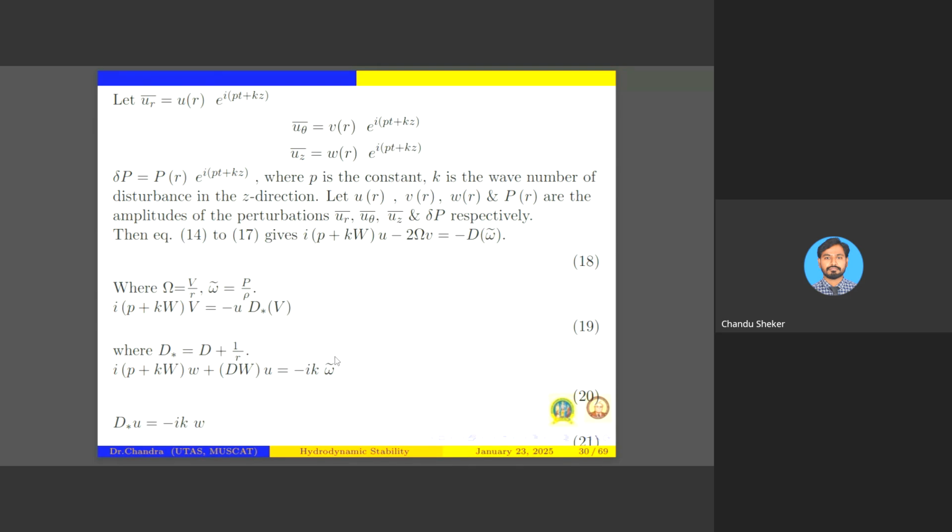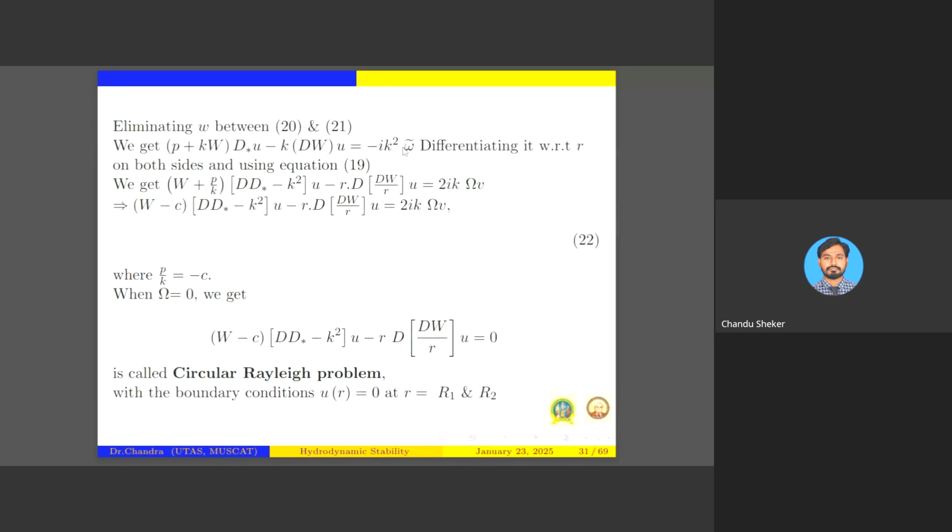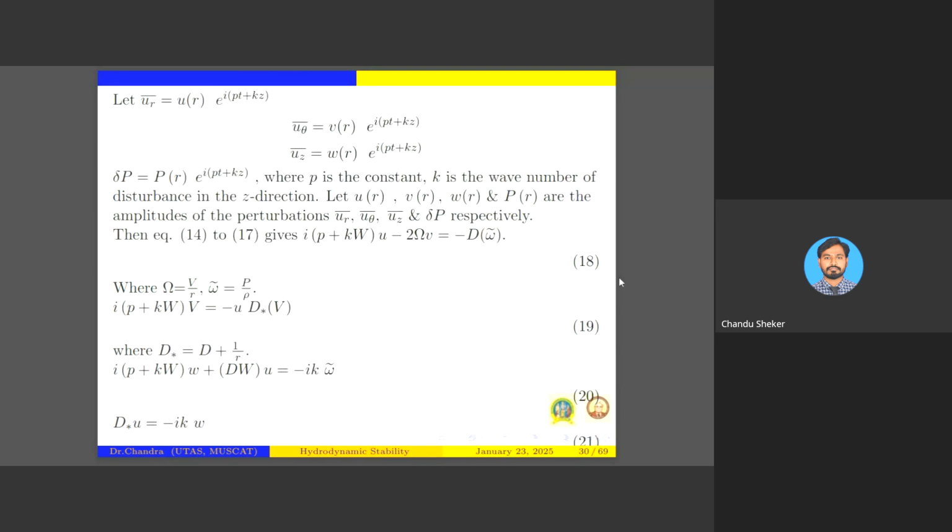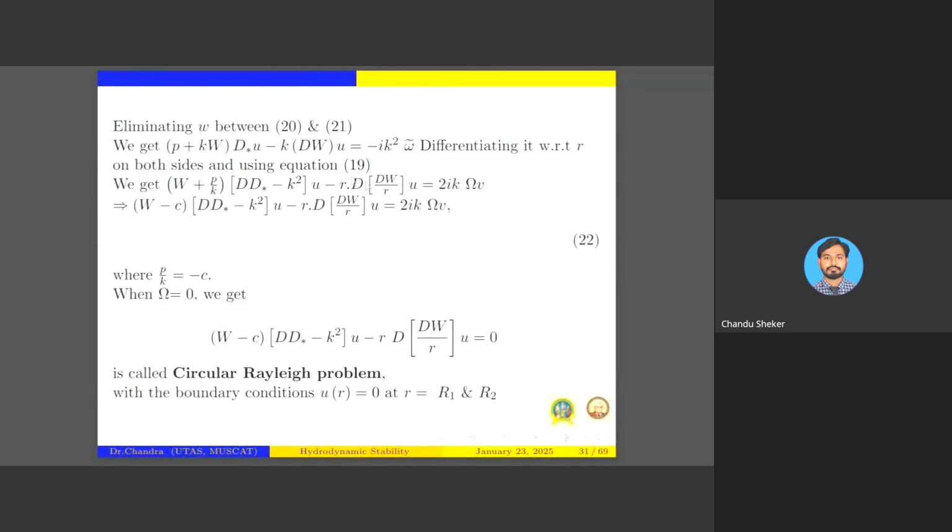So we differentiate this equation with respect to D and substitute equation 18 in the following relation, so that we obtain our problem like this: (W + P by K)(D star minus K square)U minus R into D of (dW by R) U equal to 2ik rho V.